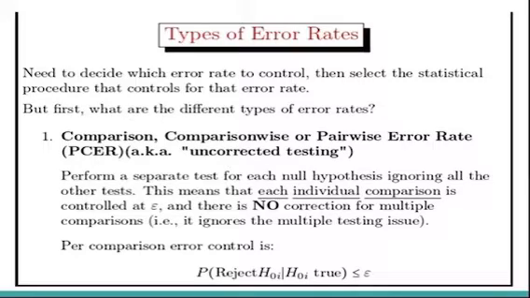For instance, you are comparing 3 groups, A, B, and C. There are times when you test that mu A equals mu B equals mu C, against the alternative that at least one is not true.